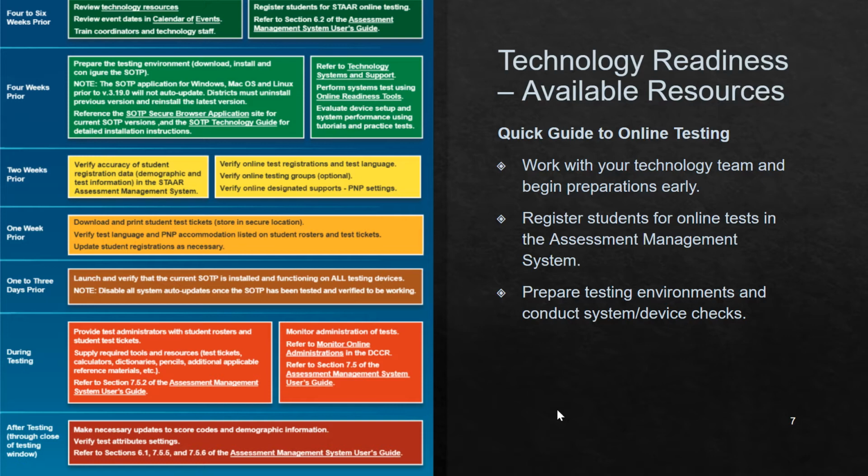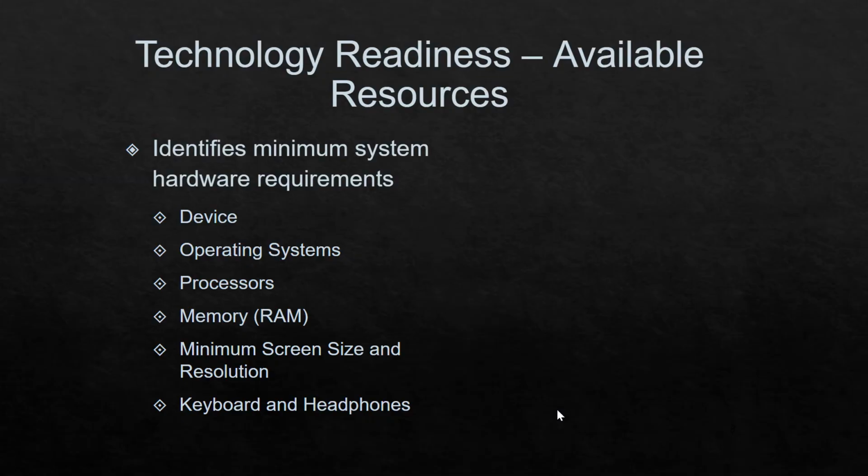So this is kind of a guide to do a backwards design of when the test is going to occur and what we have to do prior to that test so that we successfully administer the test for all of our students. This is just one of our online testing quick guides to really start planning what's going to happen prior to that testing timeframe.